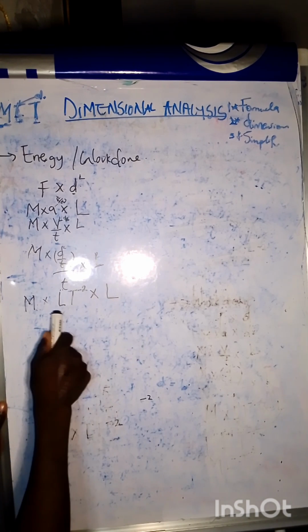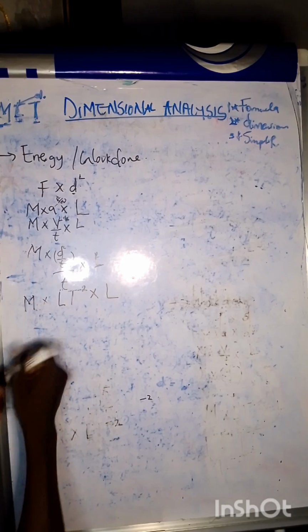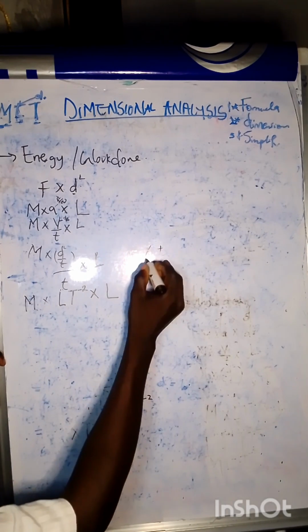So from the law of indices, now you're having the same distance, you use the law that multiplication will follow plus, division will follow minus.